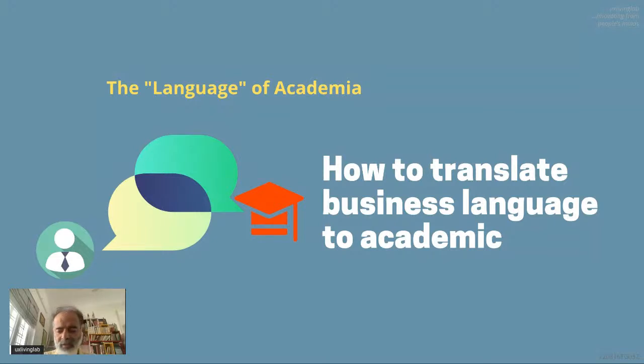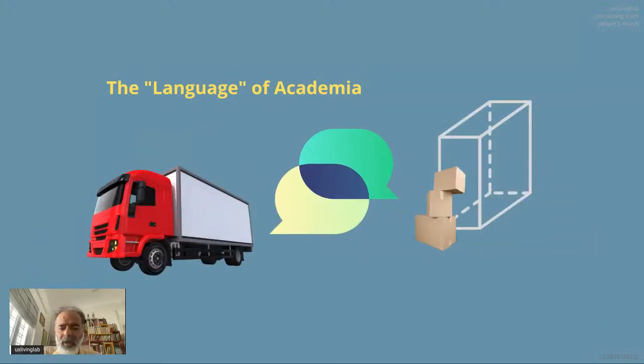So how to tackle this, or how to translate business language to academia? I can give a very interesting scenario. For example, if you have a logistics company, you have a lot of trucks, and you have to fill your truck with objects or products. Think about this scenario.